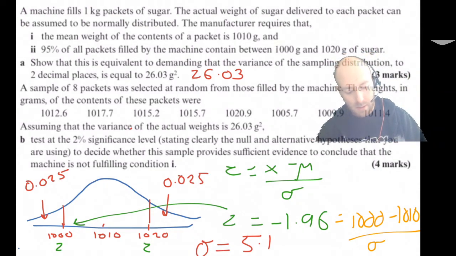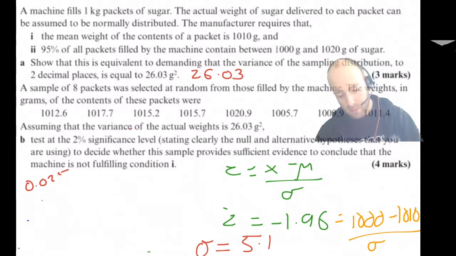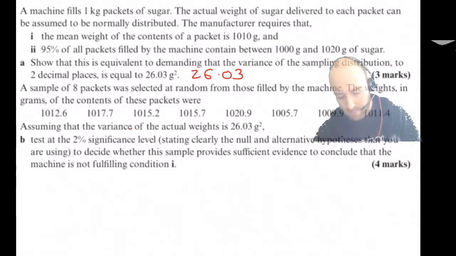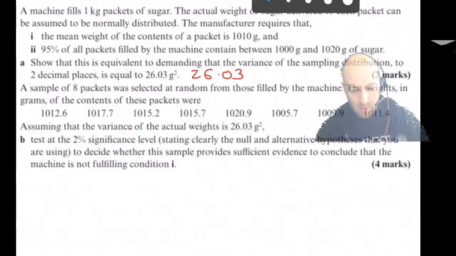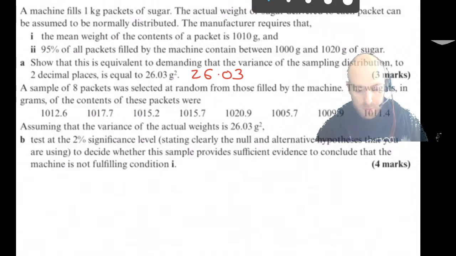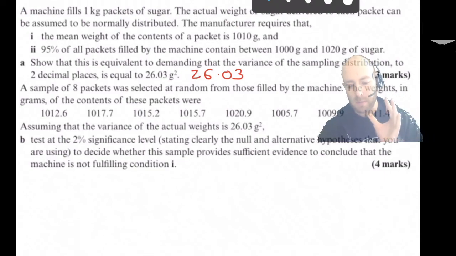The second bit is a hypothesis test for this. Right, so test at the 2% level. So, okay, we've got a sample of 8 packets chosen at random. So we need to write down our distribution of sampled means.